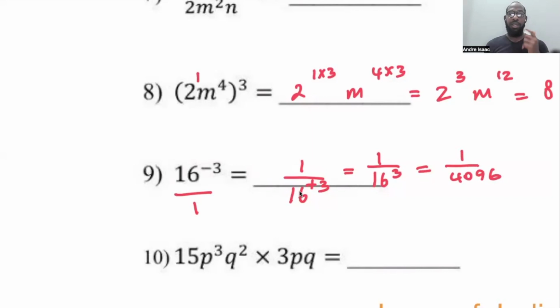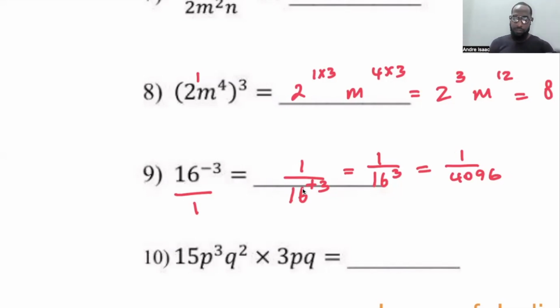Because I can put 16 to the negative 3 in my calculator and I'm supposed to get 1 over 4096. You could do that, but make sure your calculator is in fraction form. If it's not, then you have to pay attention to the decimals. But the purpose of this question is to show that 16 to the minus 3 is equal to 1 over 16 to the plus 3.